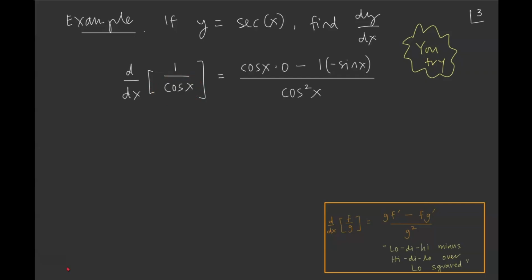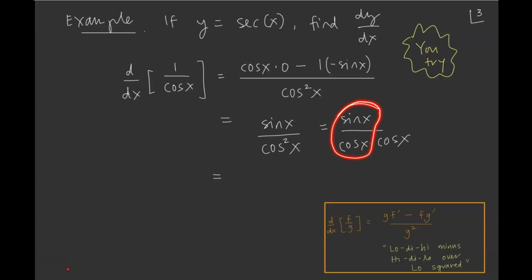Definitely some things drop out here. Cosine x times 0 is just 0, and then we have a plus here, and 1 times sine x is just sine x. So we have sine x over cosine squared x. This isn't usually left in this way. The way that we will write this is recognizing that this is sine x over cosine x times 1 over cosine x.